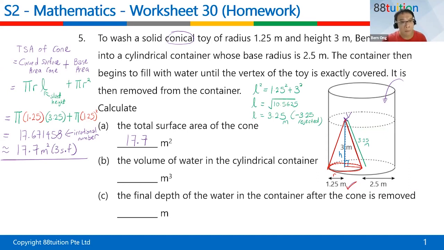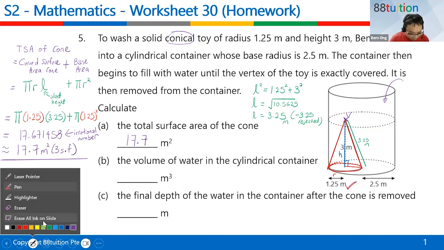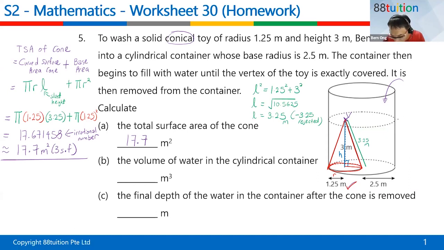Okay, moving on, let's talk a little bit about this question. What is the volume of the water in the cylinder container? Remember they pour water until what height? They pour water until the height of the cone, the vertex of the cone. That's what the question says. So 3 meter worth of water is poured inside.